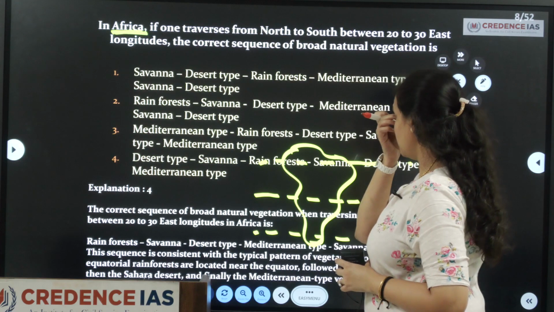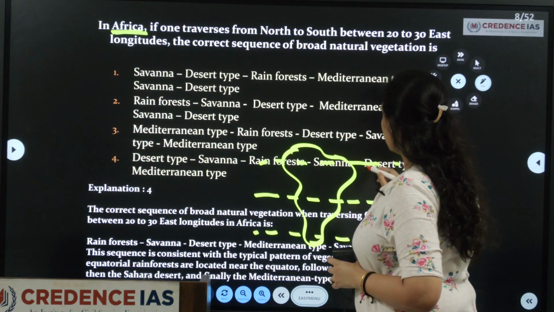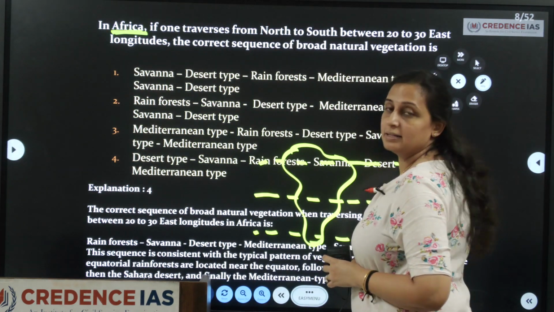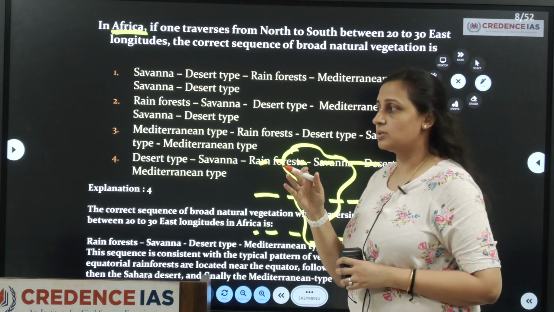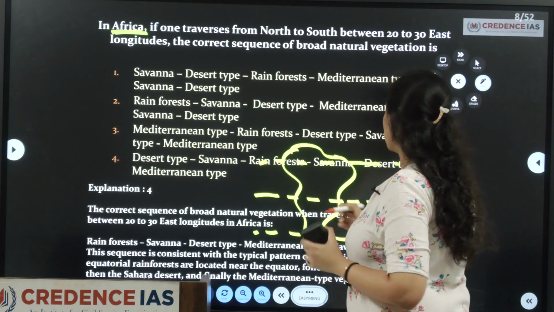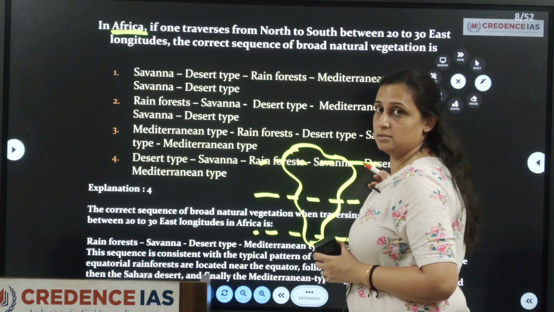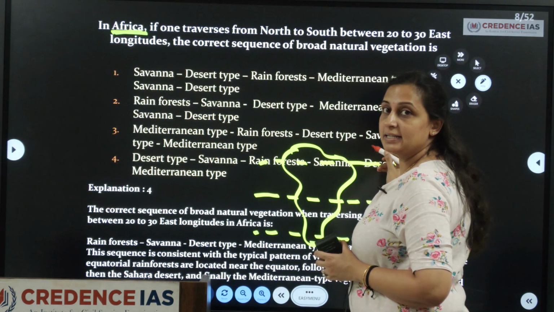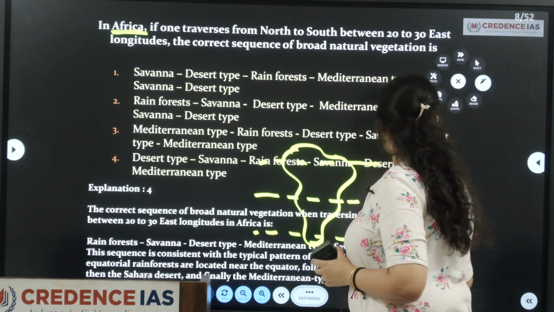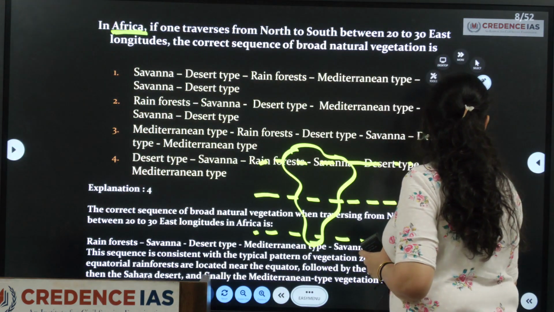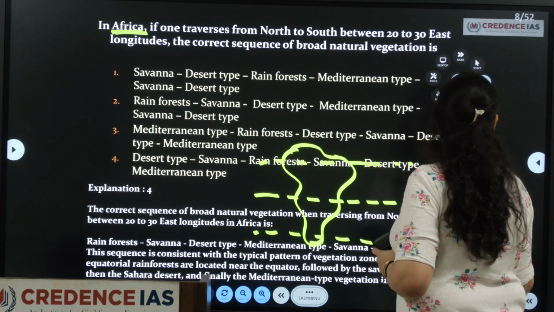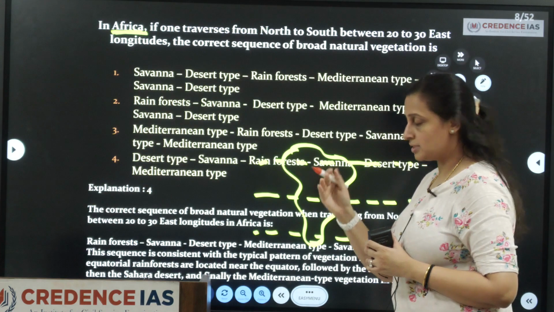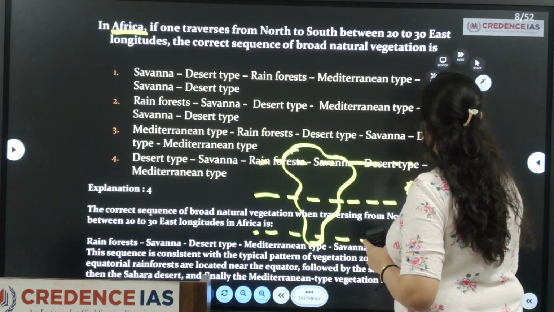As we move further, we find the grasslands. Grasslands are nothing but the intermediate stage between the forests and the deserts. If we go further up, there we will find deserts. After forests, the vegetation starts getting reduced, then we will find grasslands.